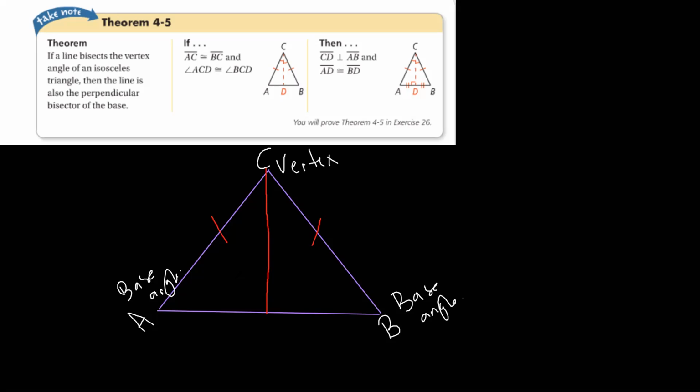What does it mean? I told you before, if you have an angle and there's a line that bisects it, what will happen with this angle? It will be equal. Bisects means it cuts the angle into two equal halves. So this bisector makes this angle equal with this angle.